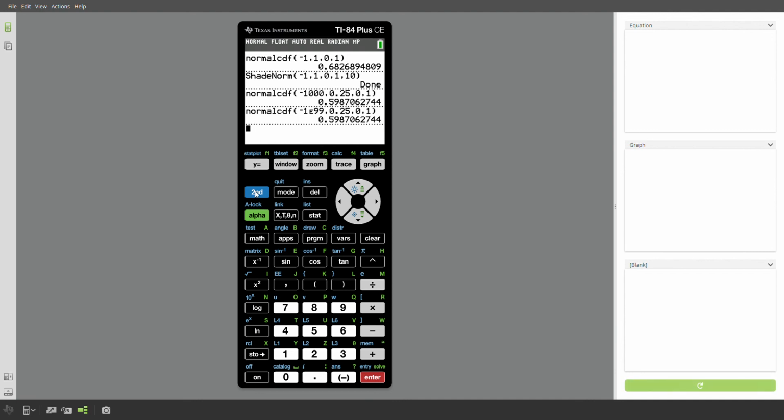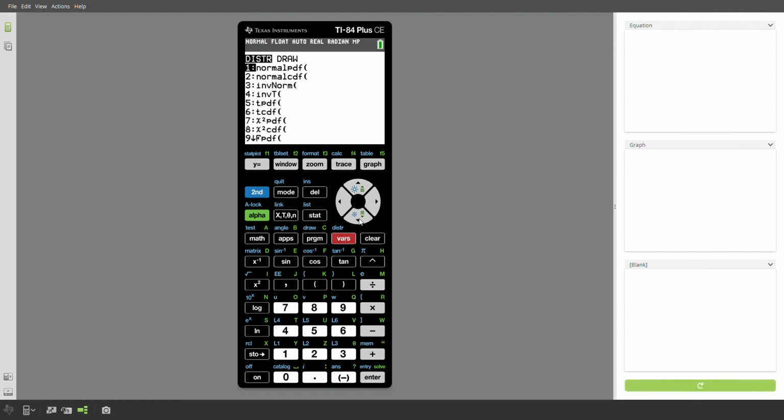We can have this thing, again, shade it, which is probably not a bad idea to do after the fact here. Now, this, again, by default has that negative infinity in there, so you can leave it, but I'm going to type in -1,000. Going to go up to 0.25 and draw.